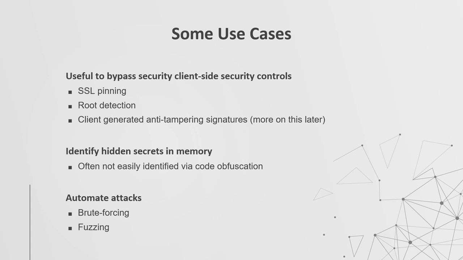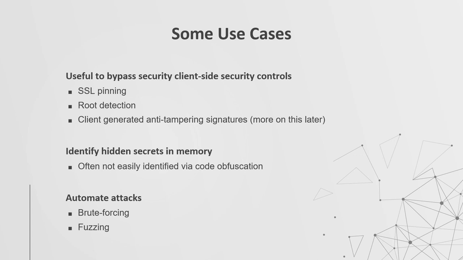This includes SSL pinning and root detection, which is very common. There are also other types of controls out there, such as what we call anti-tampering signatures, which essentially prevent you from tampering with API requests. Well, Frida can help you with that as well, depending on how the signature is generated.